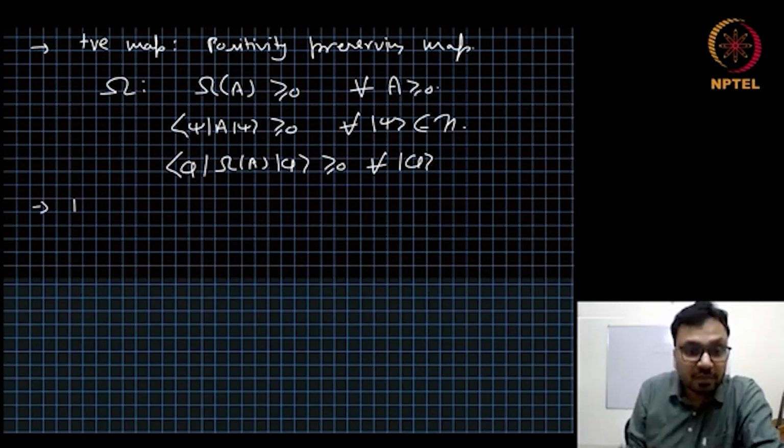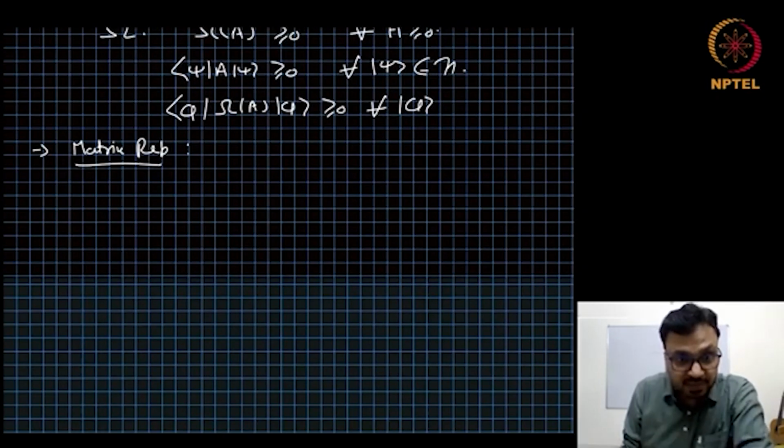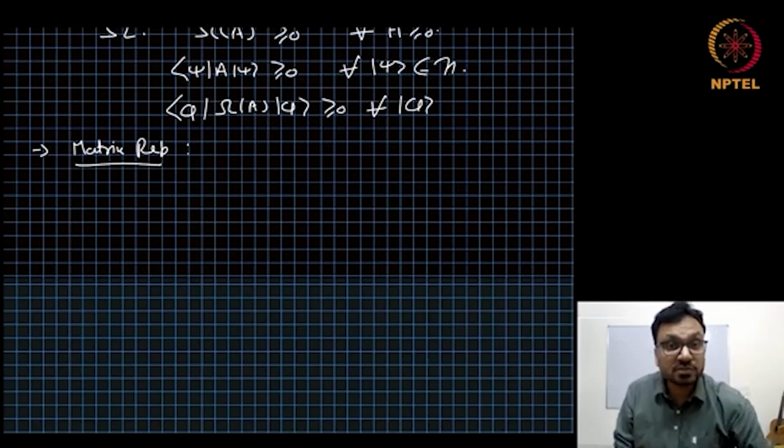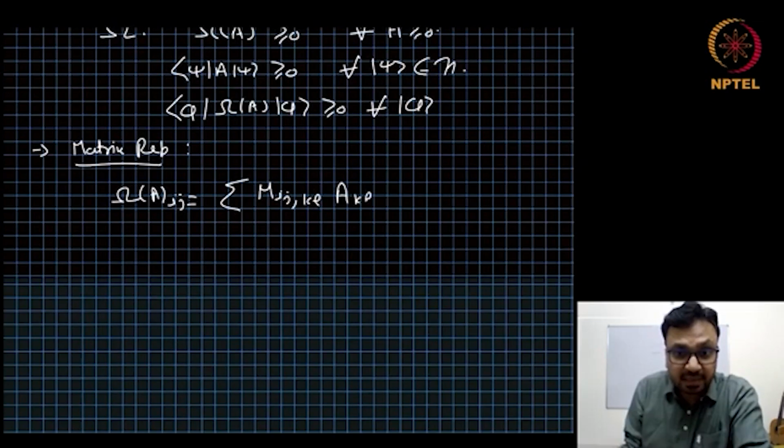Now, the matrix representation of this positivity preserving map. Next we will derive the condition over the matrix M for a positive map. So omega of A ij is sum Mij KL AKL.